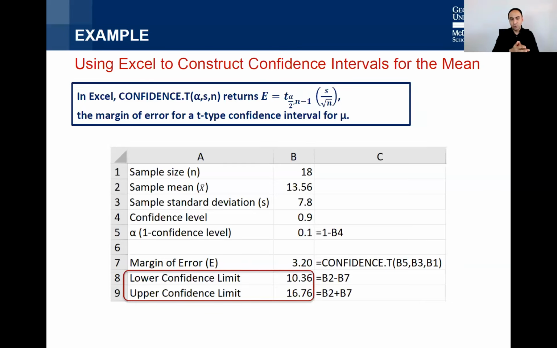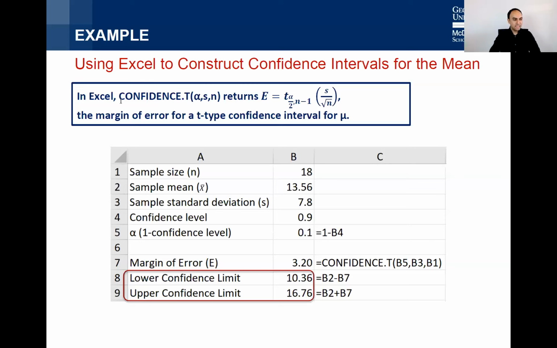How do we do this in Excel, or are we going to do this manually? Most programming languages and software generate confidence intervals, but there's an easy way we can do this in Excel. We can create an Excel sheet that would have all the parameters. I've created one for myself, and that's the one I've taken snapshots of for the slides. We will put the sample size, the sample mean, sample standard deviation, the confidence level, and then 1 minus that, which is 0.1.